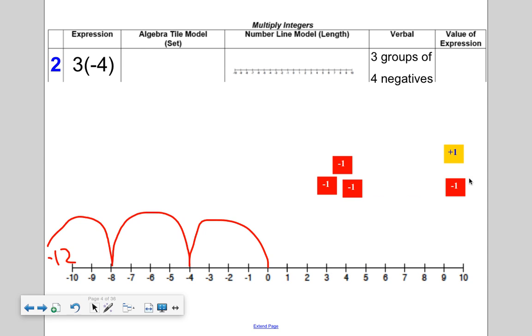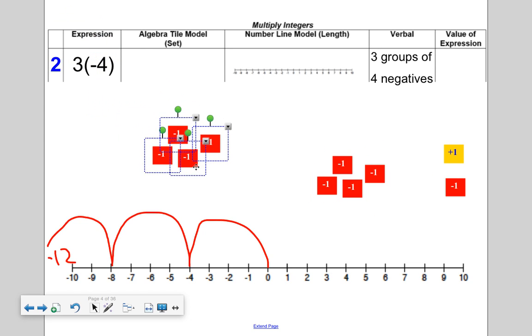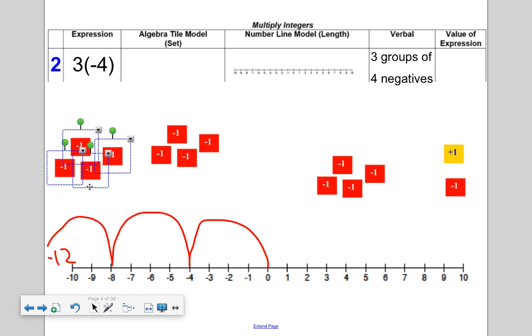So here is -4. It says we need 3 groups of -4. And there we see -12 again. So what did we notice about this? When we multiply, when they are different signs, the answer is always negative. 3 times -4 is -12. 3 groups of -4. So you have groups of negatives, so the answer will be negative.